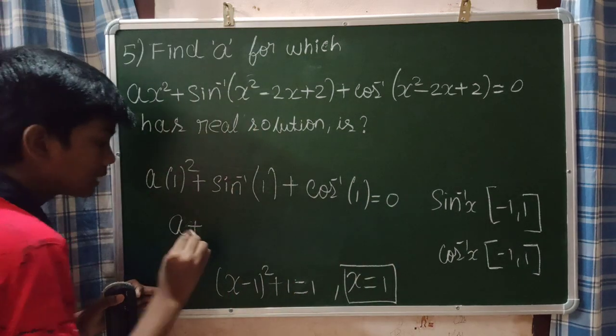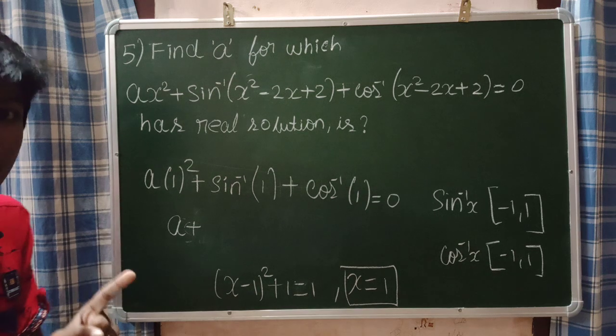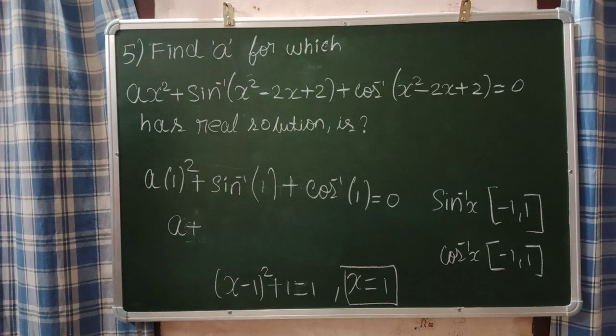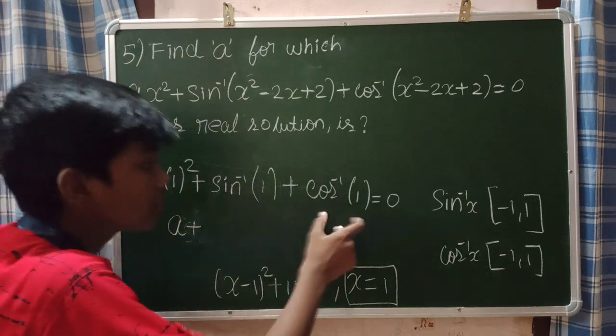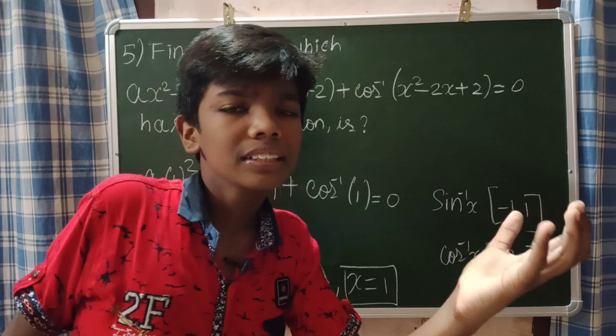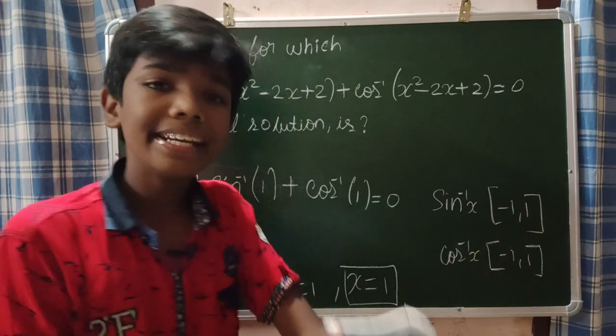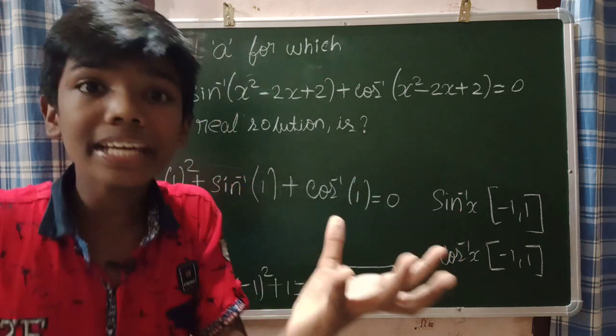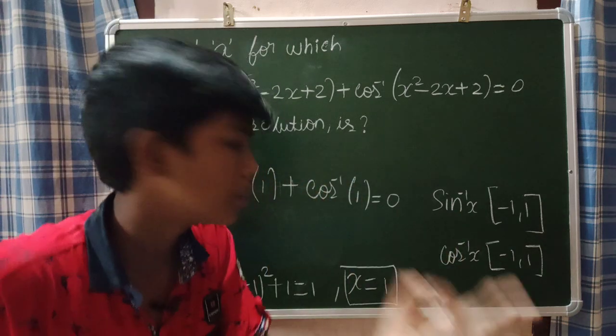So A plus, here comes the important part which you need to understand. Now see here, sine inverse of 1 plus cos inverse of 1. You people will be thinking we can use sine inverse of 1 is 90 degree, pi by 2, and cos inverse of 1 is 0. But you don't need to think that.